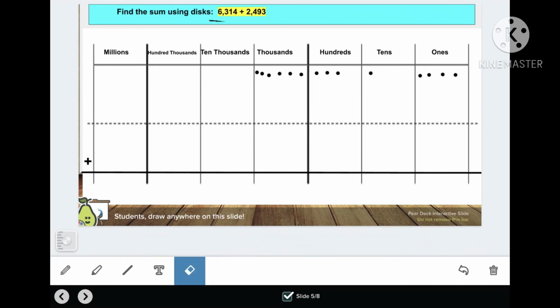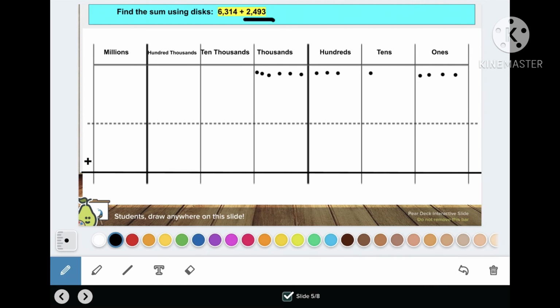Now let's do the same thing for our second number. How many ones do I have in my second number? Fantastic job. 3. 1, 2, 3. How many tens? Good job. 9.